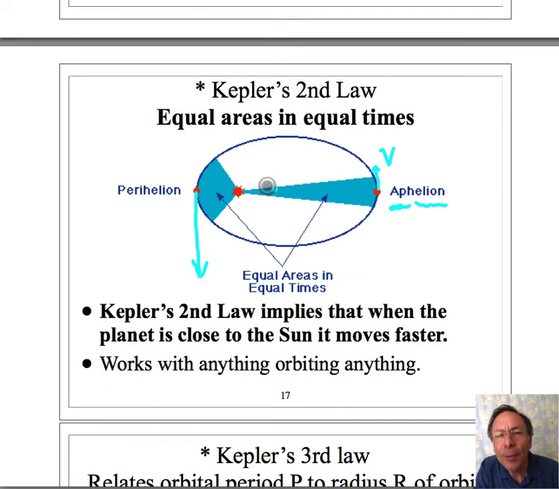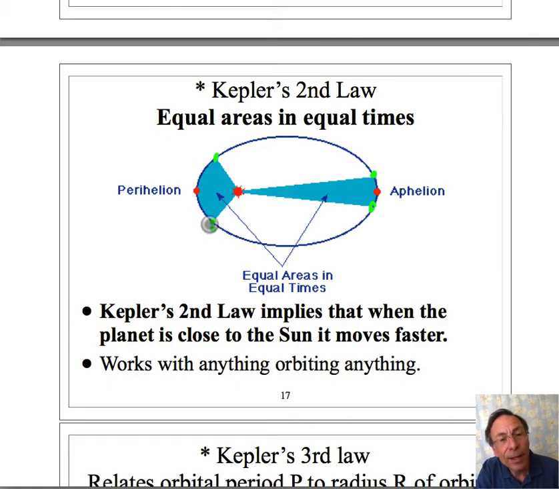Now, Kepler, being a geometry kind of person, expresses this law in a very peculiar way. Basically, let's say you've got a stopwatch, and you say, okay, the planet, I'm going to start the stopwatch here, and it's going to go for 1 week. In 1 week, it goes here. I stop the stopwatch 1 week later. And then I do the same experiment. When the planet comes around, I start my stopwatch, and 1 week later, it's here.